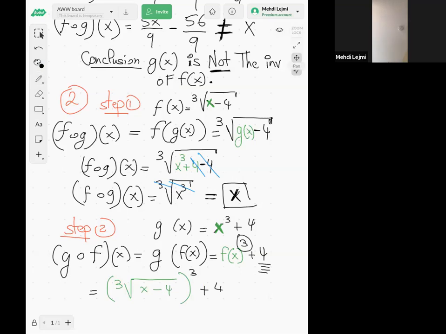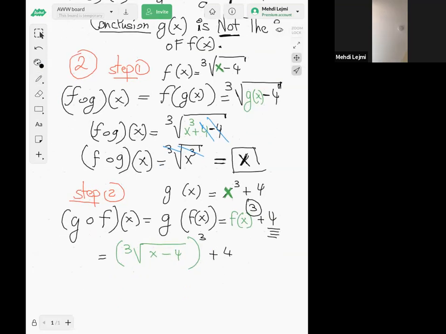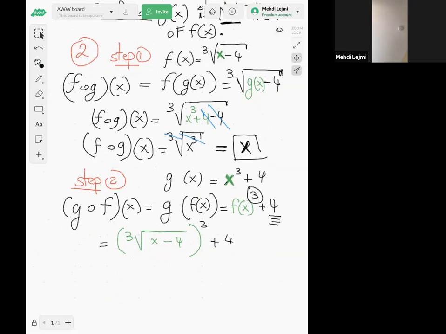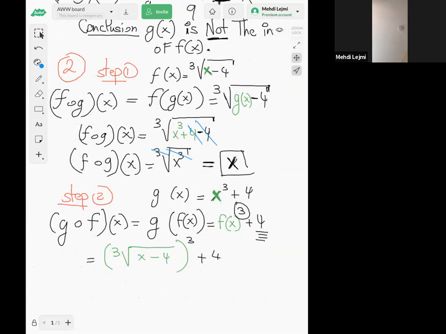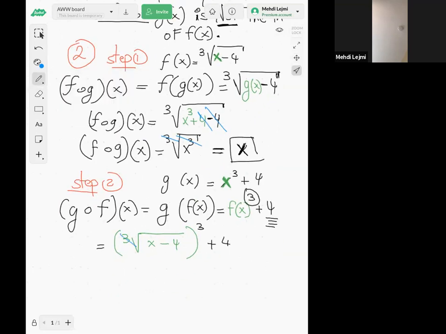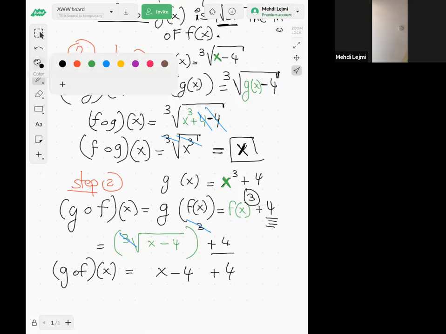Now again, the third root cancels out with the cube. So this g composed with f of x is just x minus 4, and then there is a plus 4 here. Of course, minus 4 plus 4 cancel out, so that will be just x.